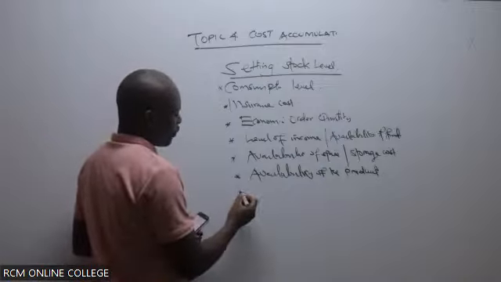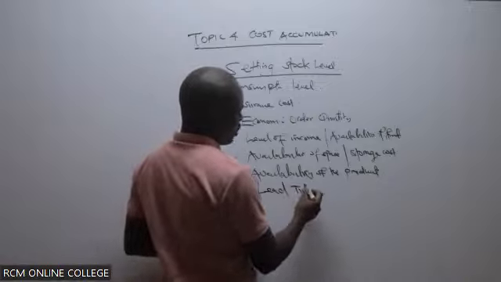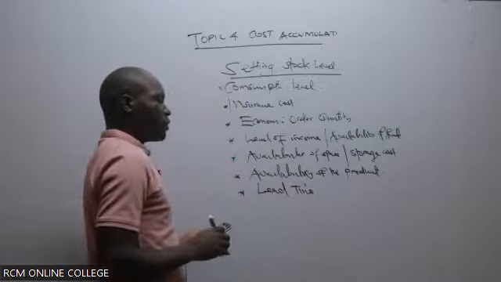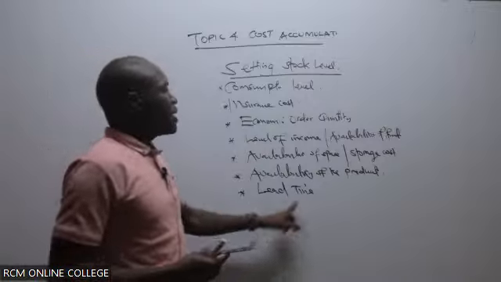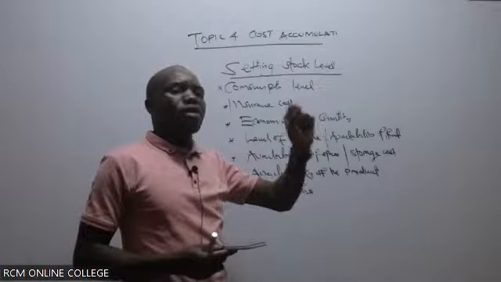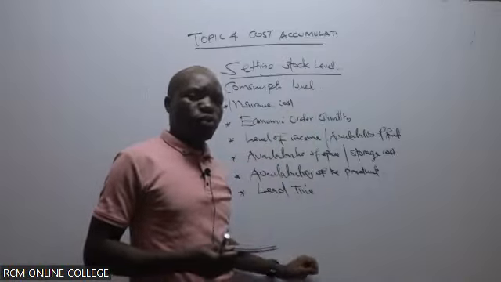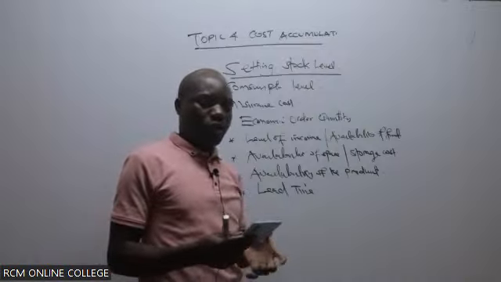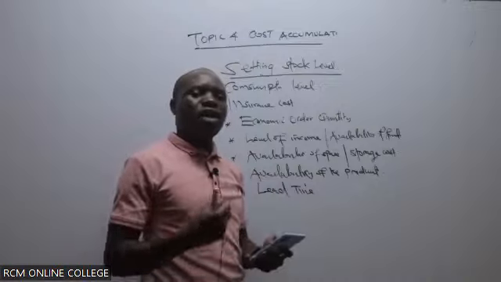Again, we have what we call lead time. Lead time is the time taken between placing an order and receiving the goods. I want to order a product. I get to my phone, maybe an online platform, I place an order, do the payment.